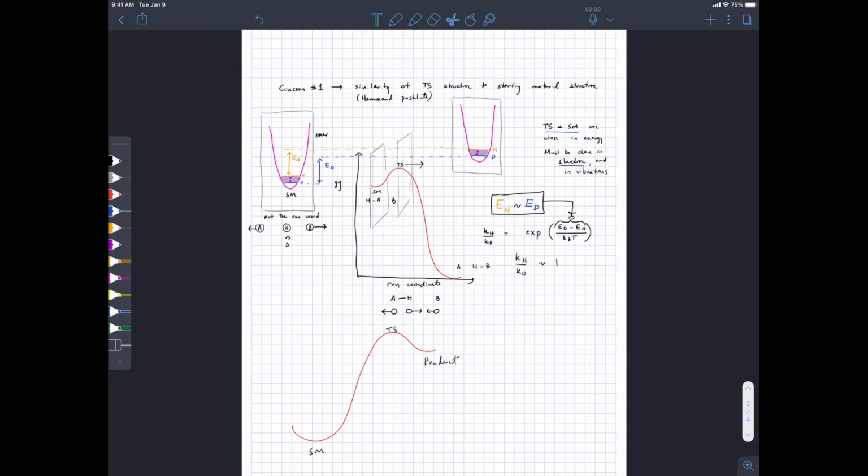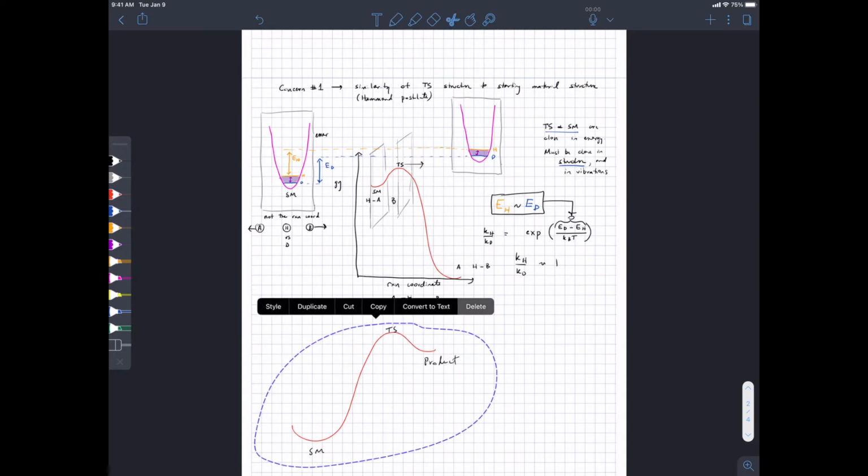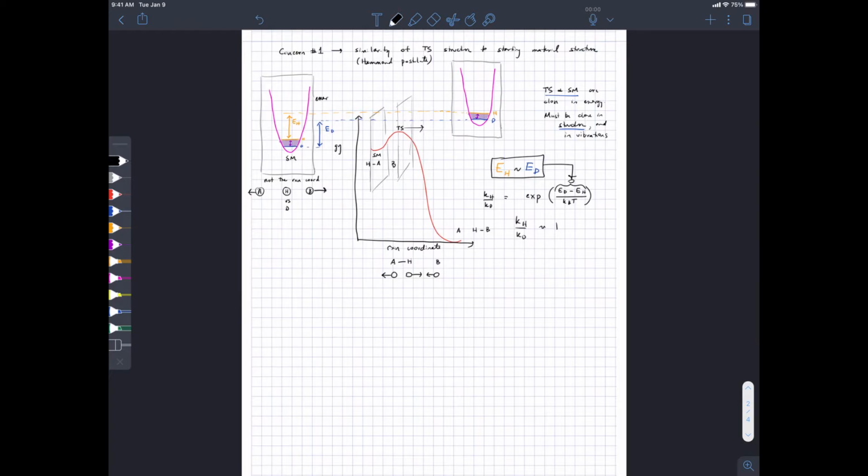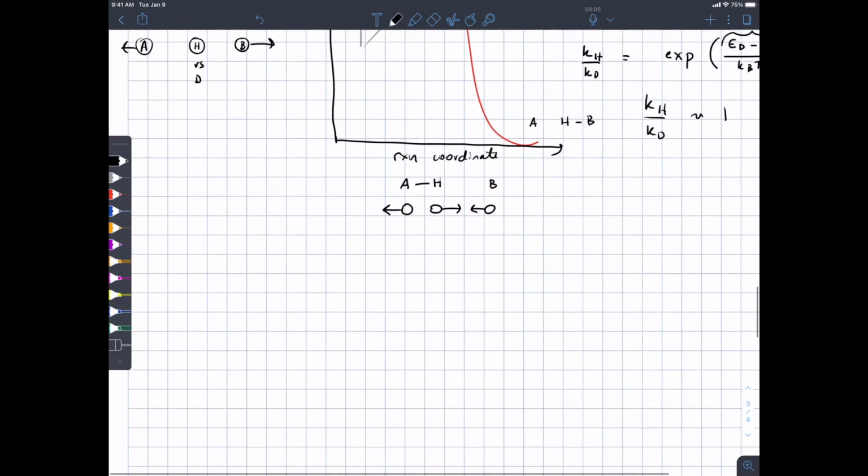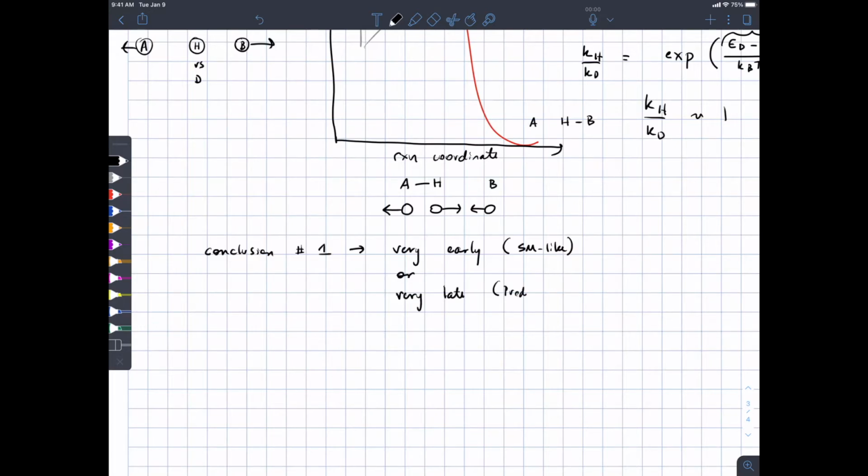So the principle you can extract from this is conclusion number one: very early, what do we mean by early? That is starting material like. Or very late, what do we mean by that? Very product like.